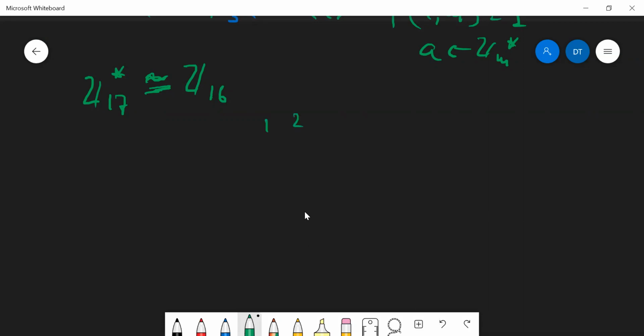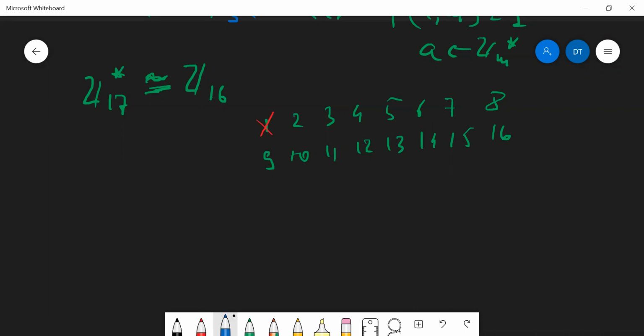It's unpleasant to write all of them, but we still are able to do that. So these are all the elements of this group. Now we know that the element 1 is not a generator, so we may exclude it. But what if we want to compute a generator? How do we start?